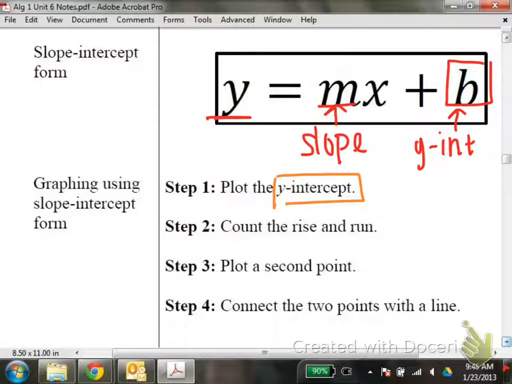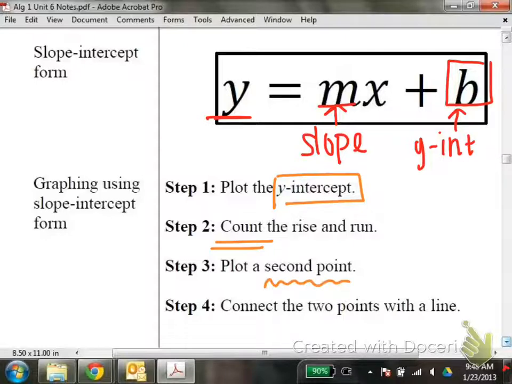The nice thing about slope-intercept form, when it looks like y equals mx plus b, is that there's no real math involved. It's all just plotting straight from the equation. You take the y-intercept, which is b, the number that's being added to the end. You count the rise and run, your slope, and plot a second point.